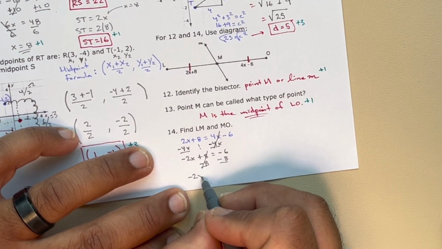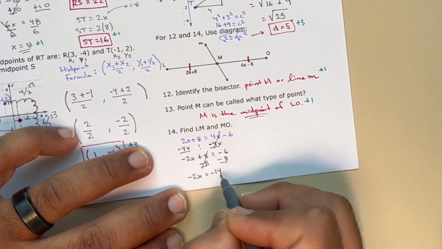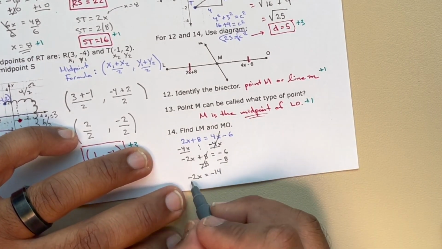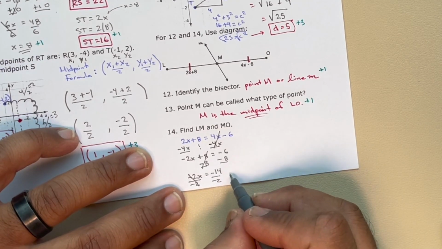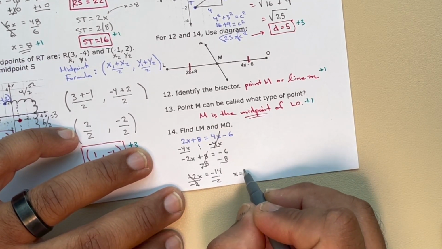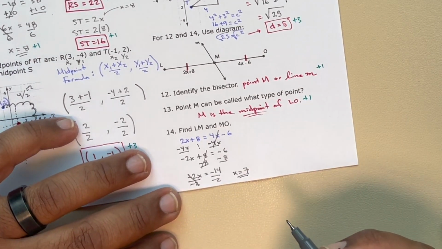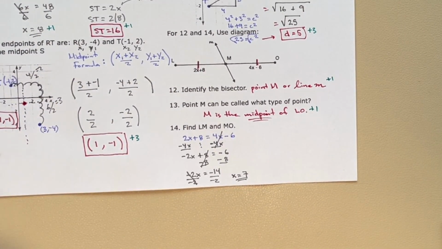Get negative 2x equals negative 14. And now that I divide by negative 2 on both sides, I nicely get x equals 7. Algebraically, it feels like we're done, but in geometry, we have to plug it back in to find that length.